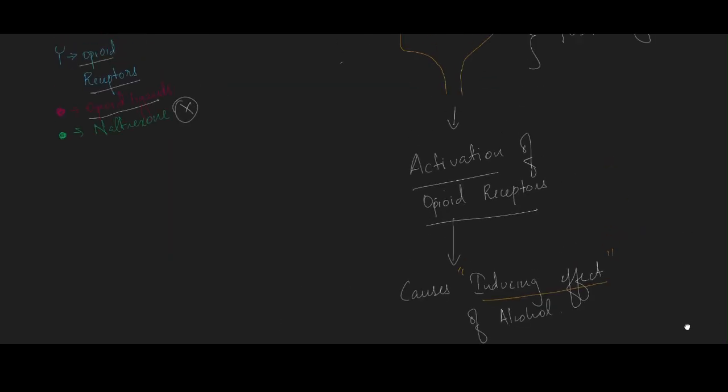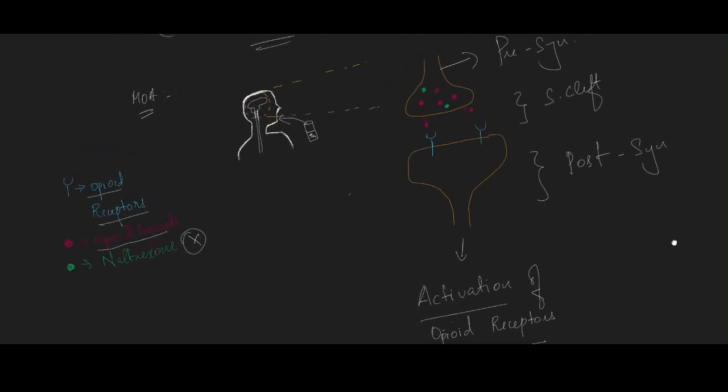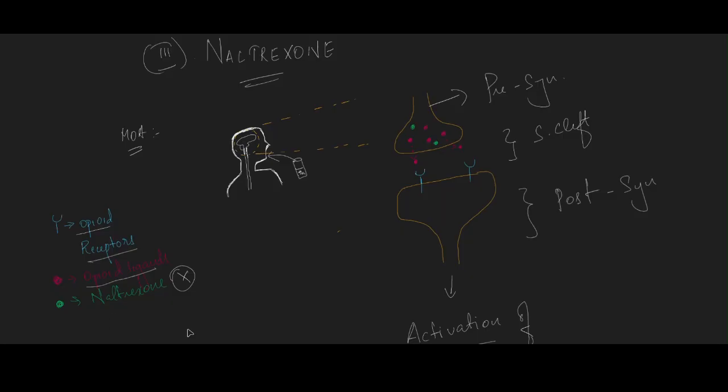So what happens when you take naltrexone? Suppose I take naltrexone before consuming alcohol. Now, instead of letting the opioid ligands bind here, the naltrexone comes and binds over here. So what happens over here?